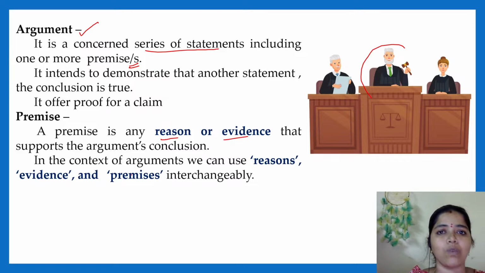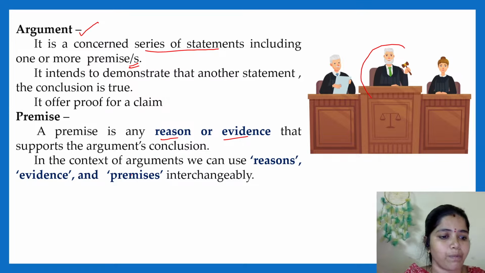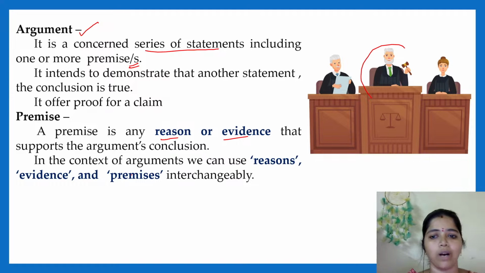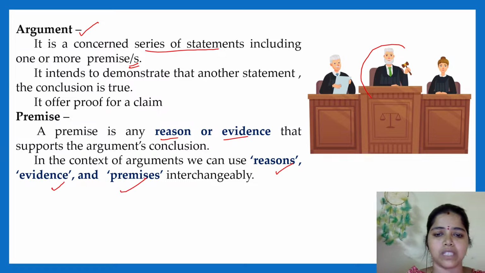I hope you understand what a premise is now. Within an argument many statements will be posed, and that group of statements will be taken as an argument, and with those premises the judge will come to a conclusion. Here in logical reasoning, we will be using reason, evidence and premises interchangeably.